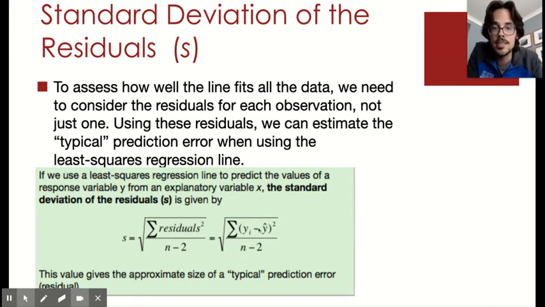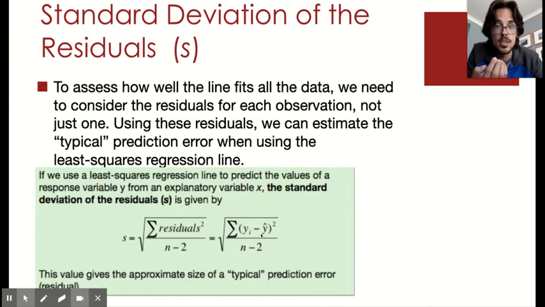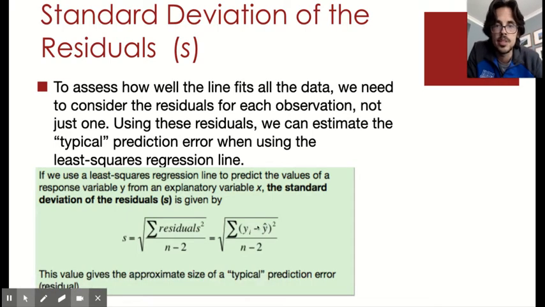If you look inside of the parenthesis in this formula, you have y_i minus y hat. y_i is your actual y value, minus y hat, your predicted y value. So this parenthesis right here, actual minus predicted, is exactly what a residual is that we already learned about.